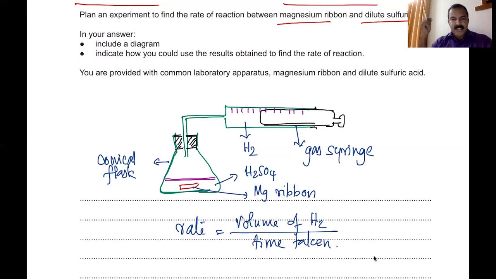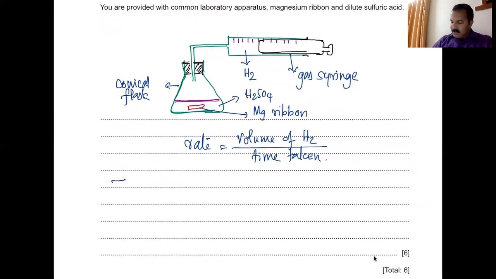Connected to the gas syringe, add magnesium ribbon to dilute sulfuric acid taken in a conical flask. Make sure you say that. You know, it is not necessary to write all of this in sentences, but a well-labeled diagram can earn maximum marking scoring points. So we need to say: set up the experiment as above.